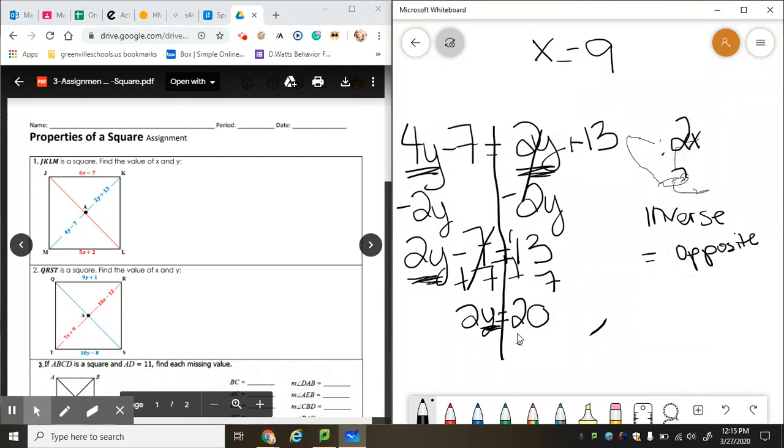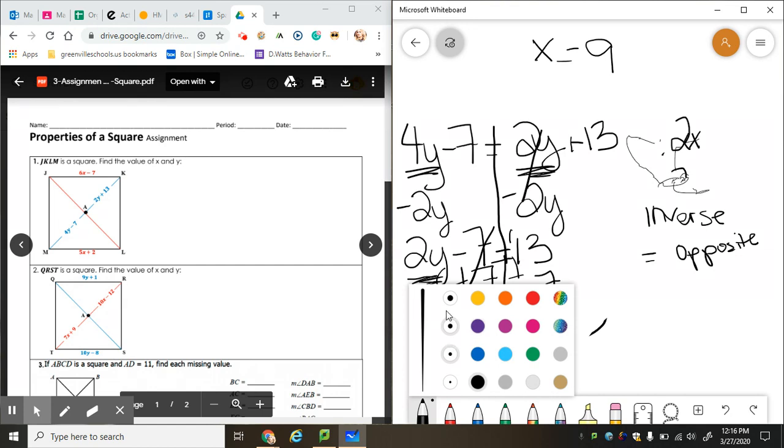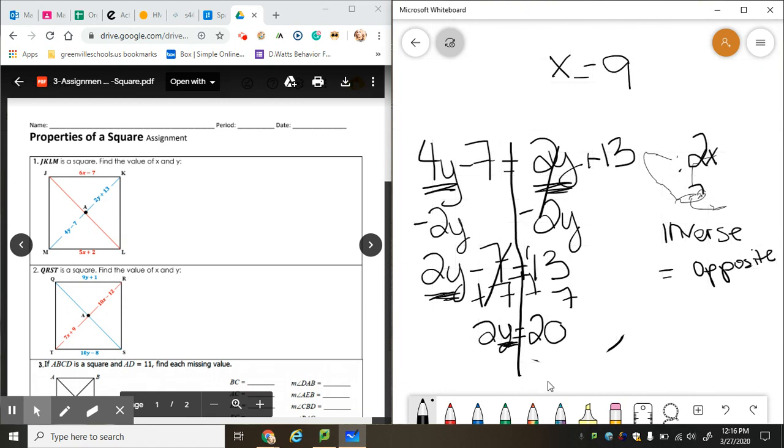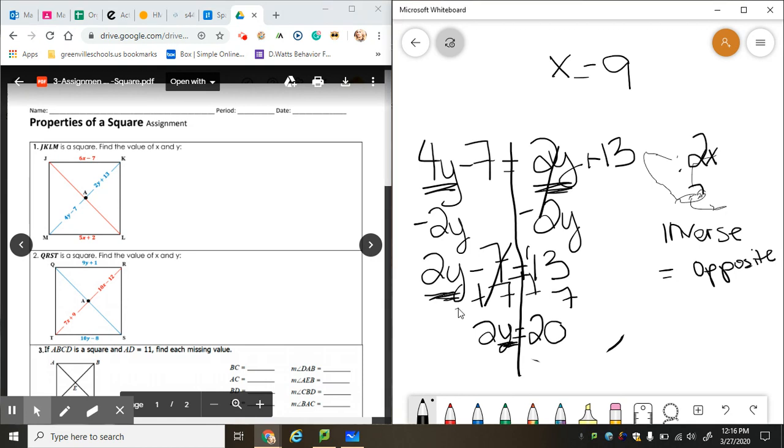Whenever you see 2x or 2y, these are being multiplied together. So what you want to do is divide both sides by 2, and that will get rid of the 2. 2 divided by 2 is 1, so you have just y left over.